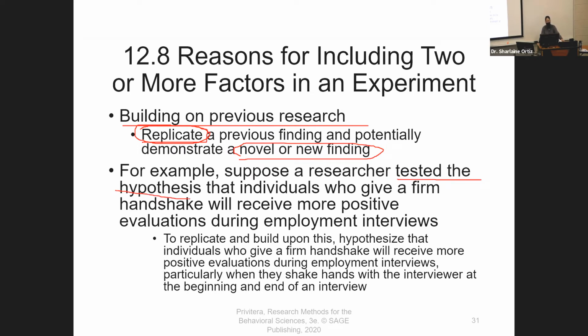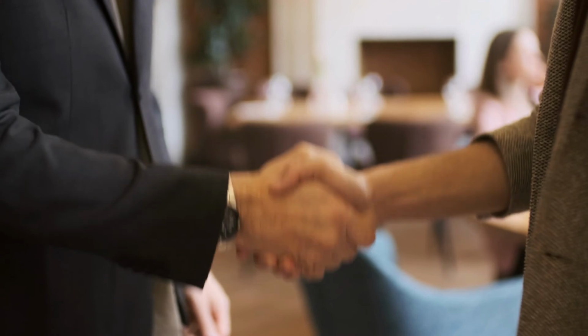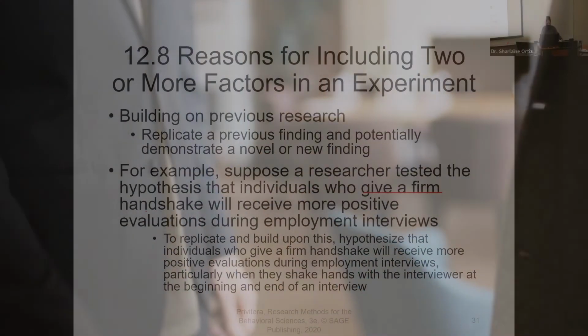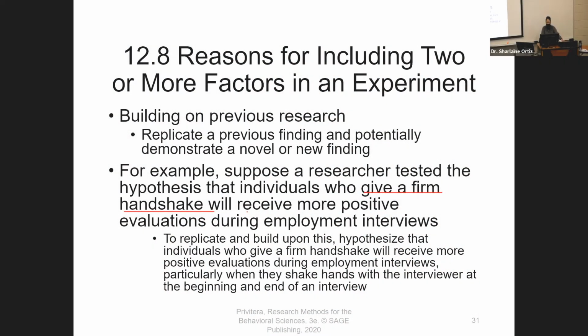In this particular case, you're trying to see whether the persons who give a firm handshake will receive positive evaluations whenever they are conducting an interview. Notice that in your hypothesis, what you're going to say is that individuals who did indeed provide a firm handshake will receive more positive evaluations.